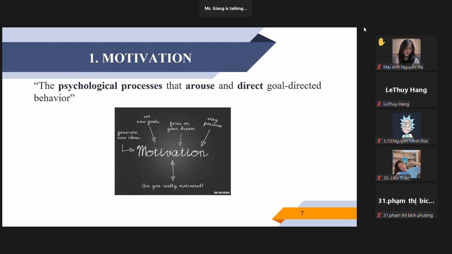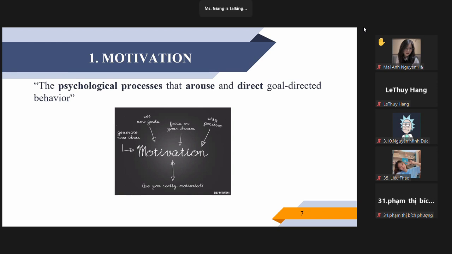Our goal is having or achieving the higher mark, passing this module, obtaining the higher mark in this module, etc. So remember that we have two main points in motivation. The first one, motivation is the psychological process, and the motivation arouses and directs our goal-directed behavior.